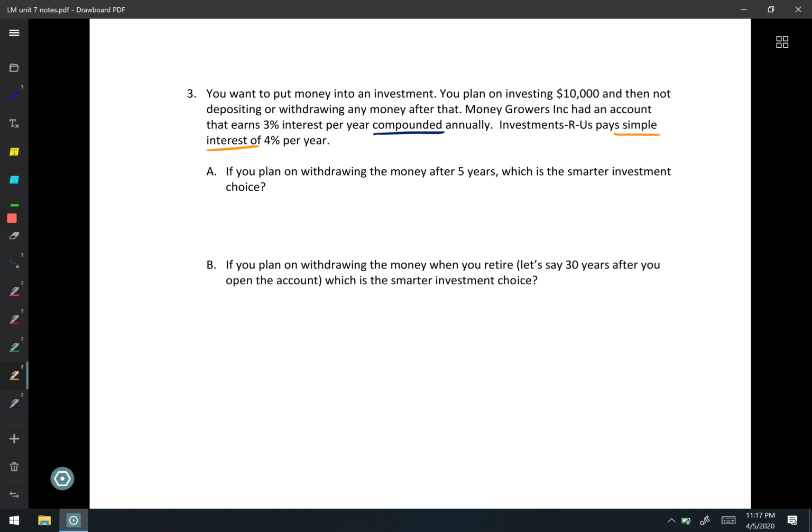So let's look at A. All right, we got to do both of these. So we got to do compound and we got to do simple. Compound is Money Growers. And Investment is simple interest.